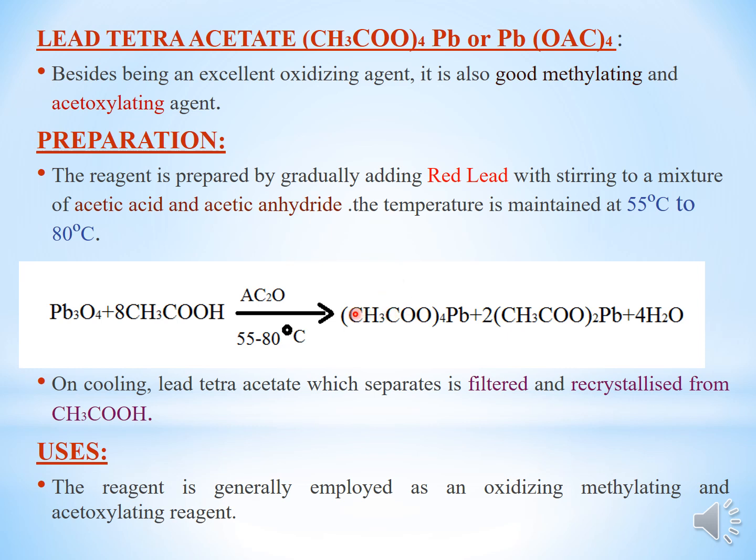So one mole of lead tetraacetate is formed, and then 2 moles of lead diacetate are formed, with the liberation of a water molecule. Okay, so remember the temperature and the conditions over here. The preparation is very easy.